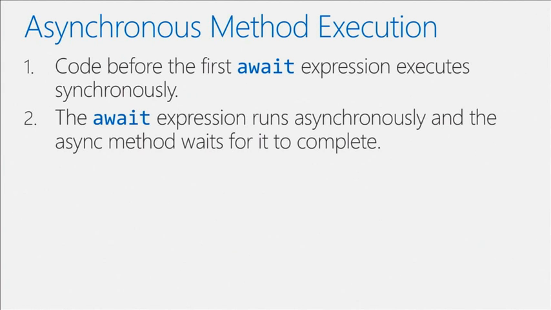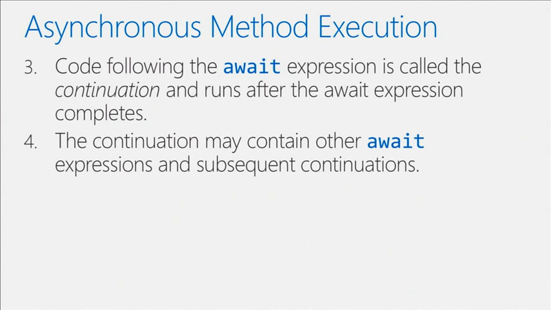And so basically, to recap, the await expression executes some code asynchronously, and then the await expression waits for it to complete, even though we've also returned to the calling method.